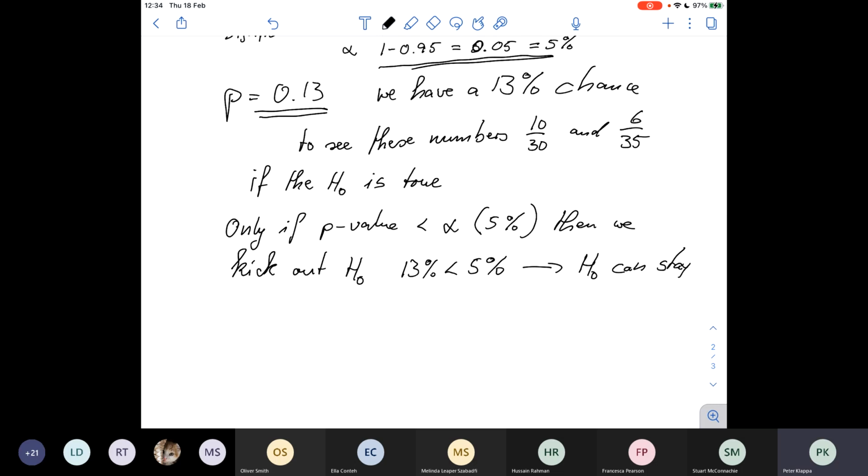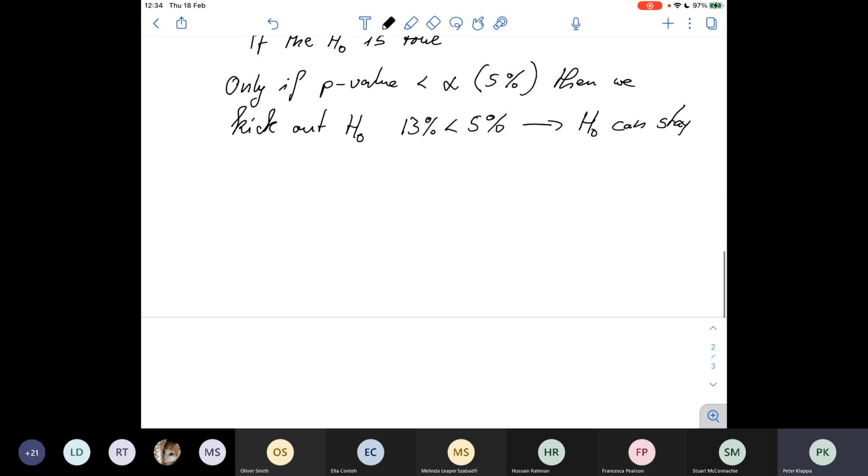So in a way, the steps are always the same. You first set up a null hypothesis and an alternative hypothesis.